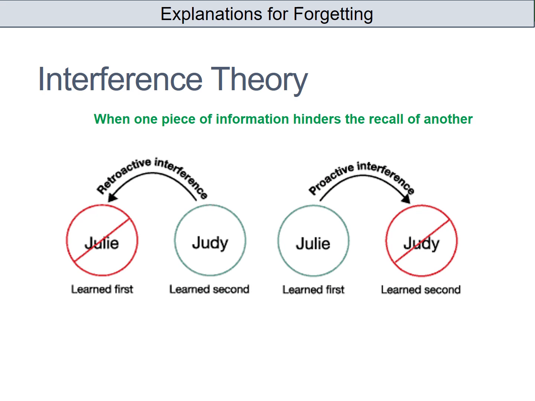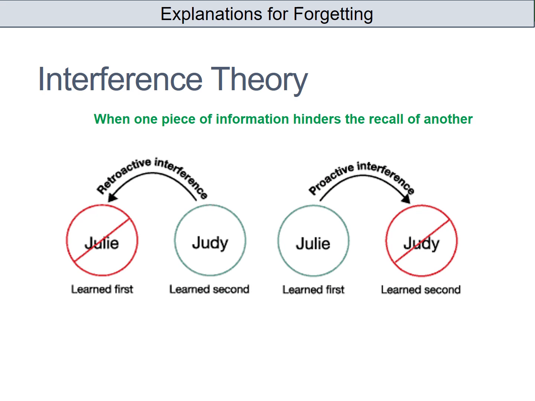So retroactive interference, if we look on the left-hand side of the diagram for the moment, is when a new piece of information, so something that you learnt second, interferes with how well you can remember the first piece of information. Proactive interference on the right-hand side of the diagram is the opposite of that.